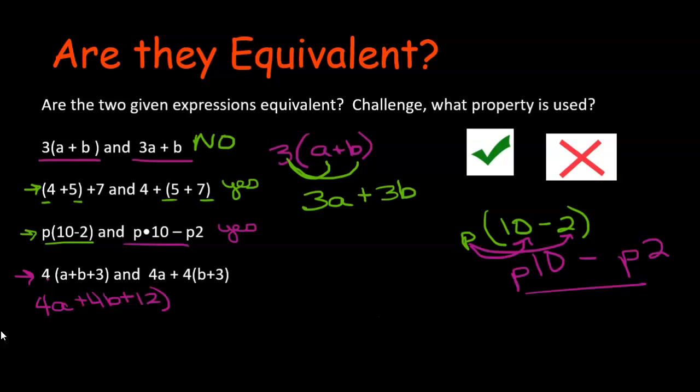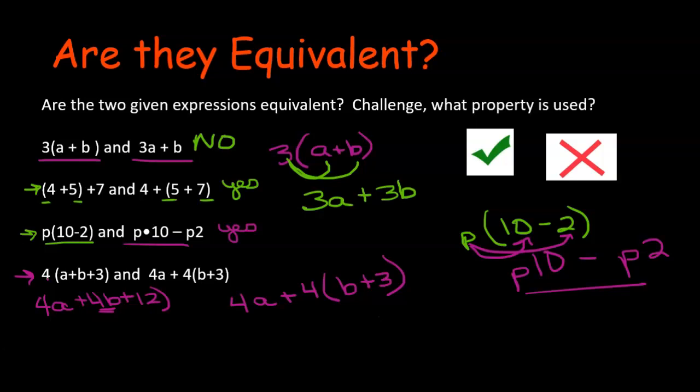But you know what? We can take this 4, if we need to, and we can bring it outside the parentheses and call that B plus 3. Because we see that the 4 is a factor of 4B, and it's a factor of 12. So we can go ahead and associate it in a different way.